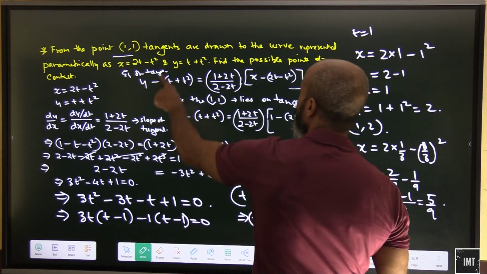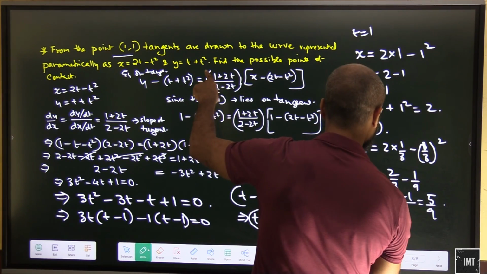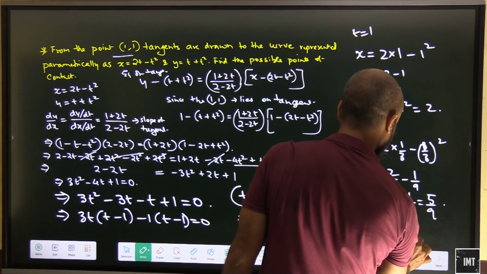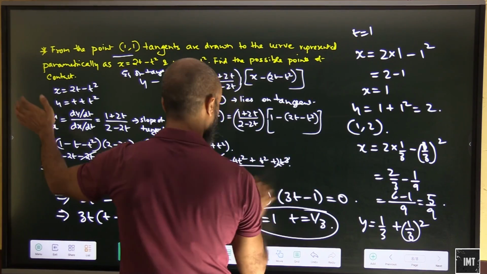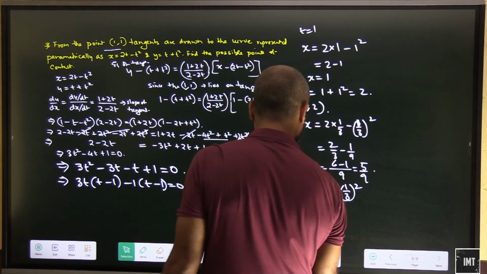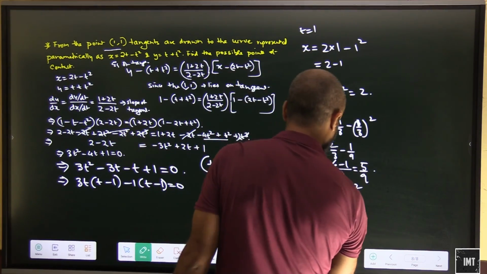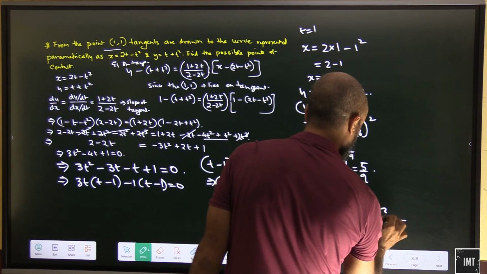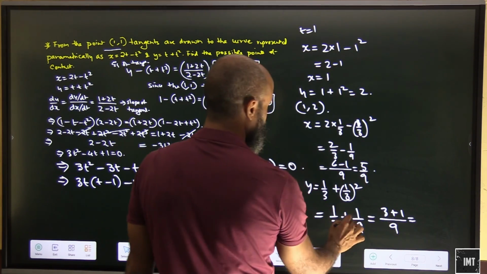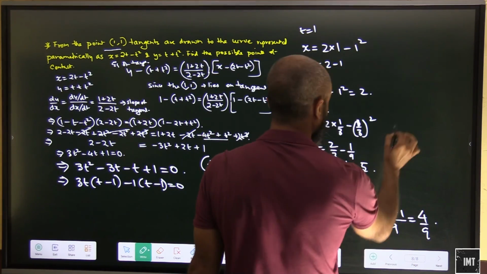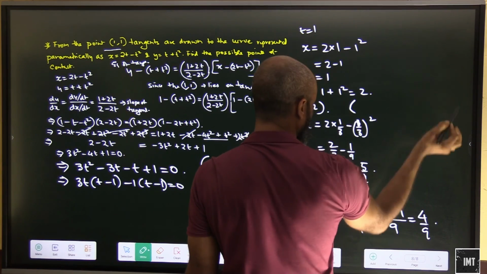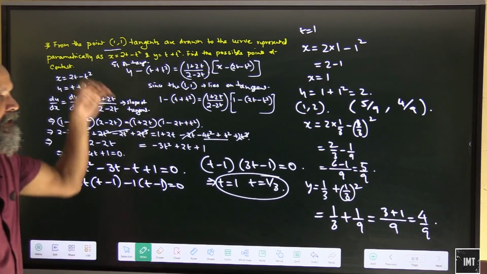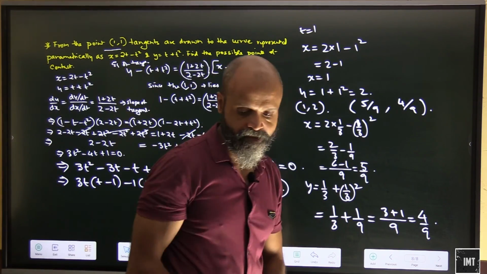Y is equal to t plus t square, that is 1 by 3 plus 1 by 3 square, so that's going to be 1 by 3 plus 1 by 9. 3 3s are 9 plus 1, that will be 4 by 9. So one point is 1 and 2, the other point is 5 by 9 and 4 by 9. Okay, so that basically solves the problem.